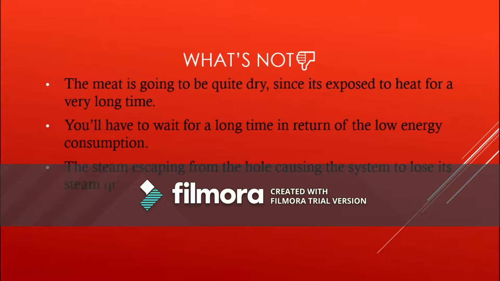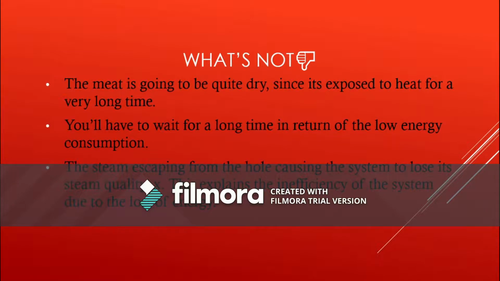And lastly, the steam escaping from the hole causes the system to lose its steam quality, which is X in what we usually use in equations in thermodynamics. This pretty much explains the inefficiency of the system due to the loss of energy in terms of X.